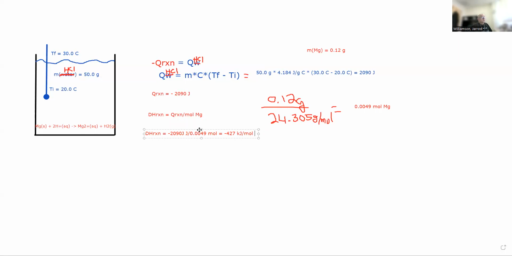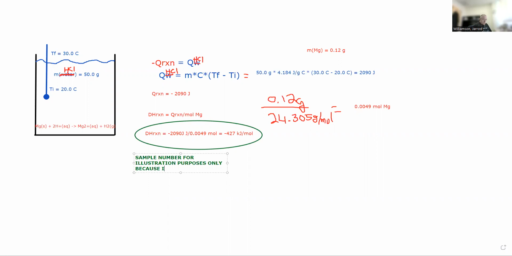Okay, and a point I want to emphasize is that that is a sample number for illustration purposes only, because I just invented the temperature results to create a problem to help you guys with the math mechanics.